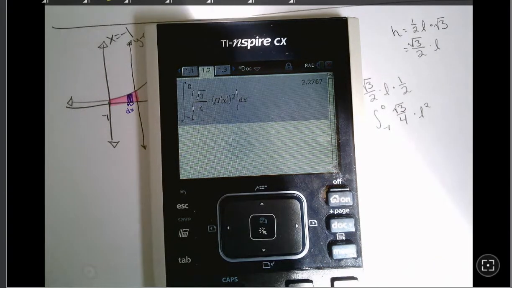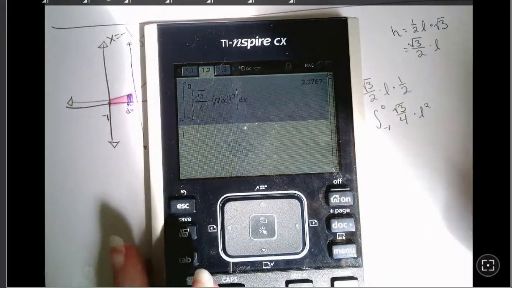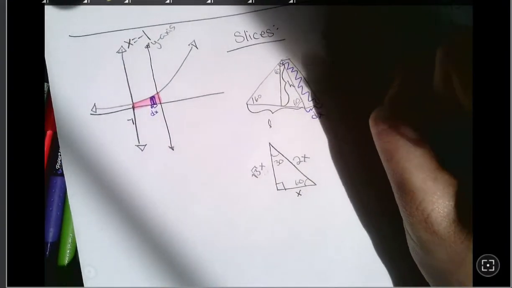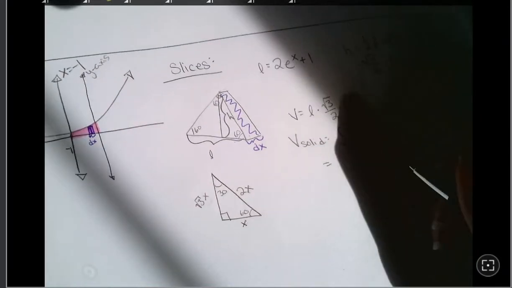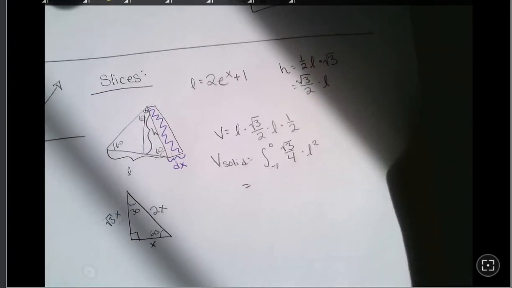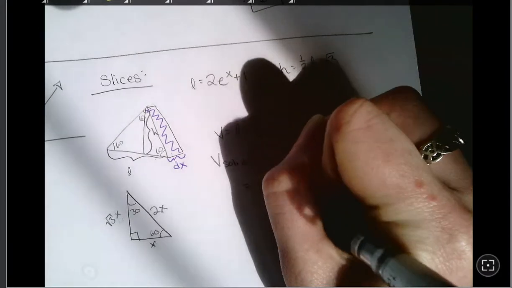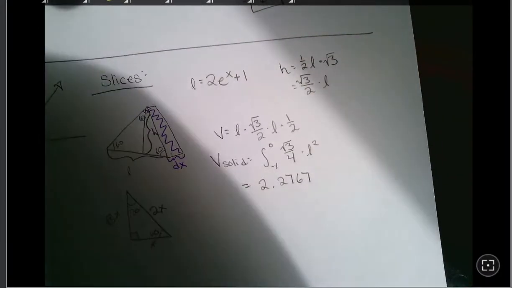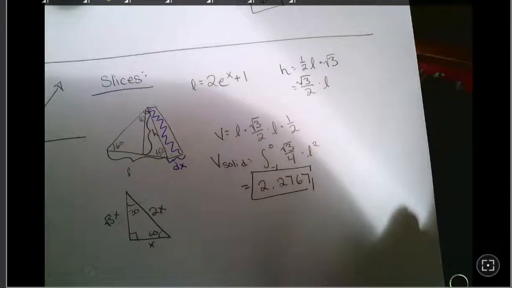Click enter, it tells us what our integral is here. So what we're going to write on our papers is just the V of our solid is equal to 2.2767. Box your answer.